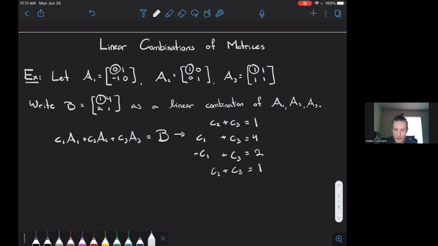By the way, this is precisely the same system of linear equations that you would get if you were to just pretend that A1, A2, and A3 were vectors in R4, specifically where the entries go in increasing order across the rows, like we did. The first entry, the second entry, the third entry, the fourth entry, like that.